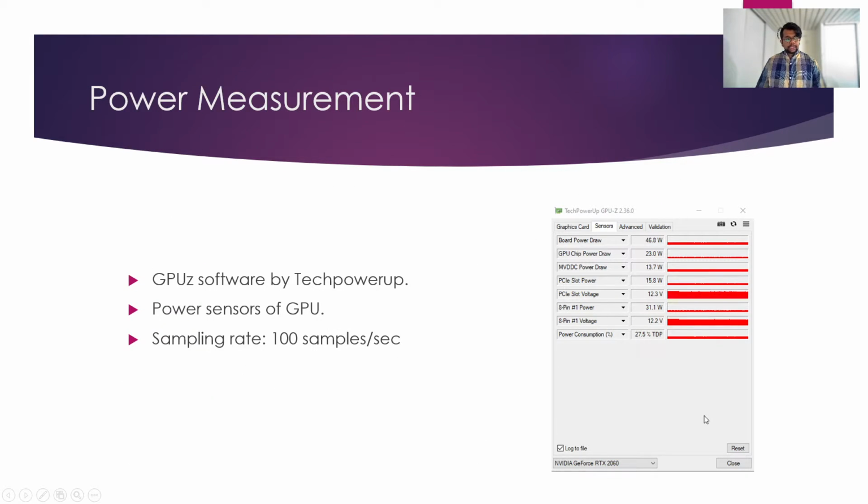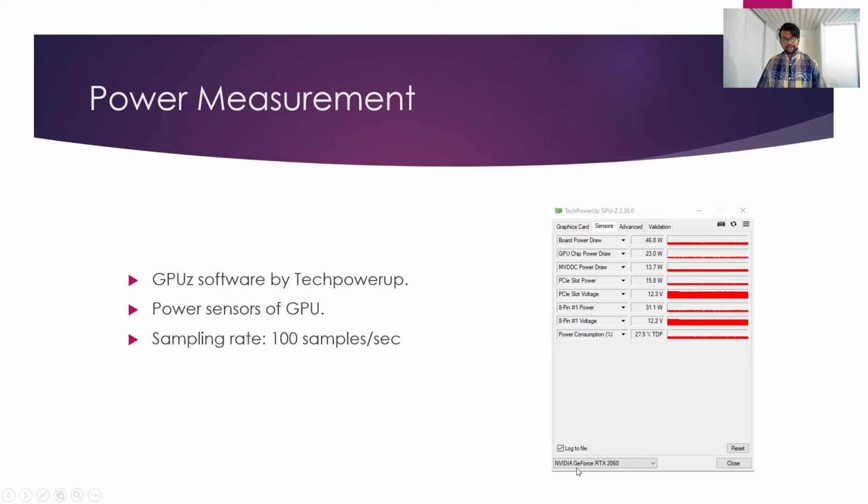We used GPU-Z software, which was developed by TechPowerUp. It is used in many other ways, but we use it to log the power consumed by the GPU. It can produce 100 samples per second, which is a very good sampling rate for our work, and it can read the power sensors of the GPU.